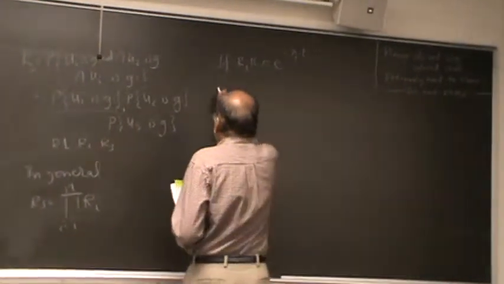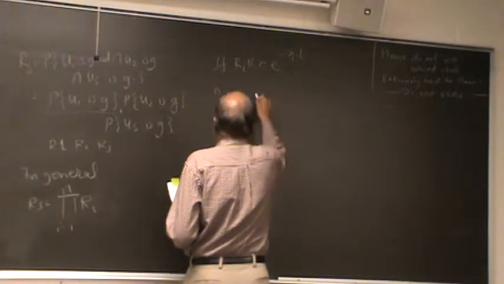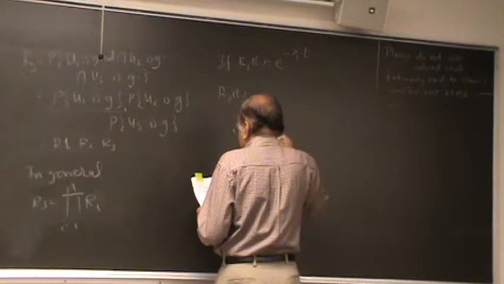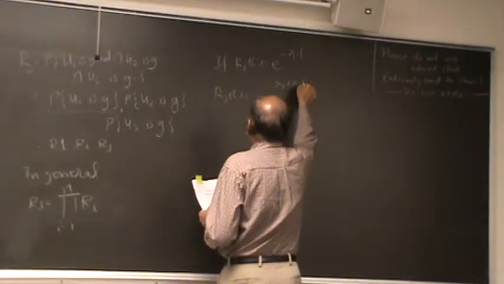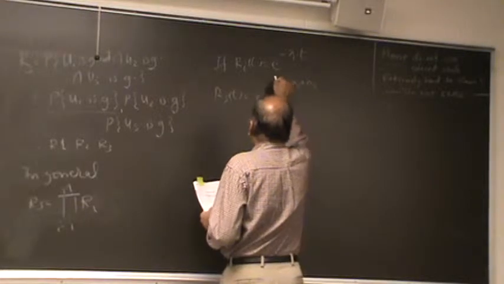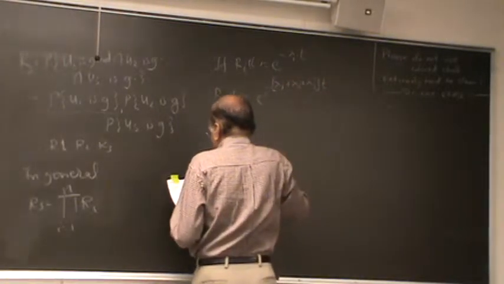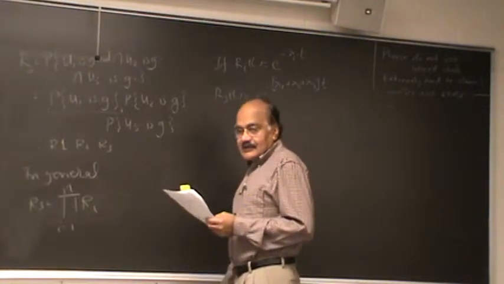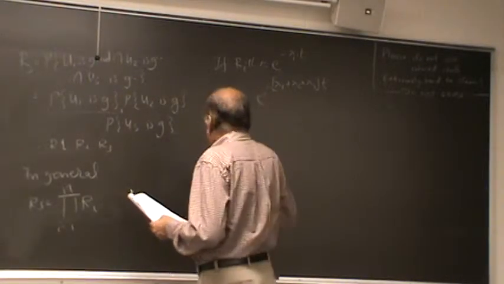Then the system reliability is equal. So we put that here and we get e raised to minus lambda 1 plus lambda 2 plus lambda 3 t. So basically what we notice here, that in a series system the overall failure rate adds.